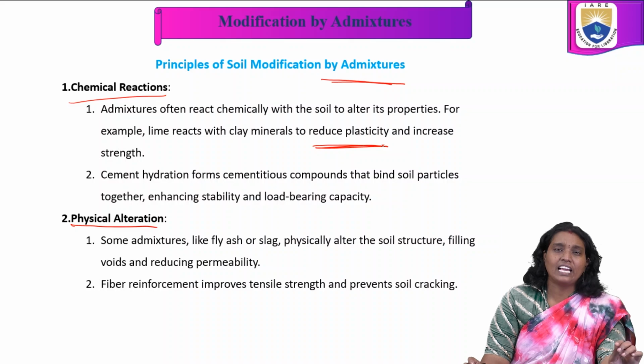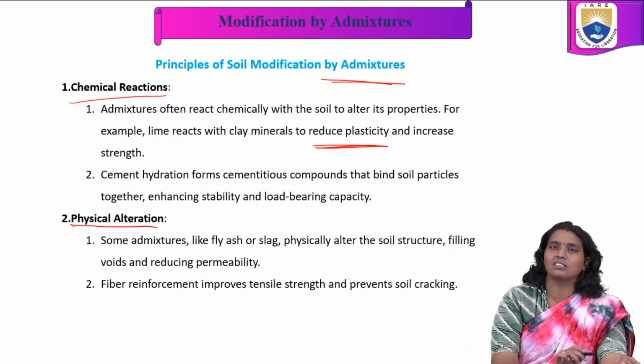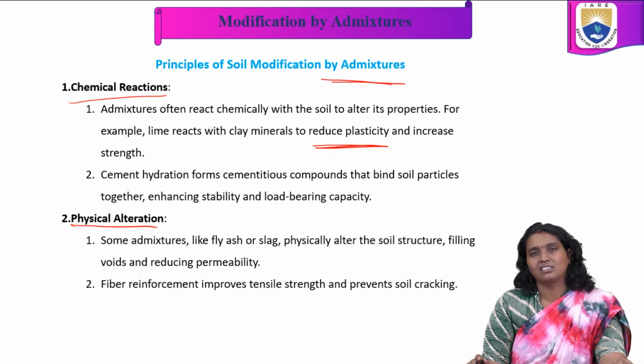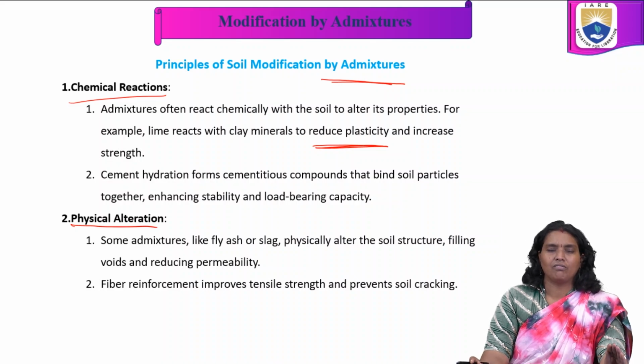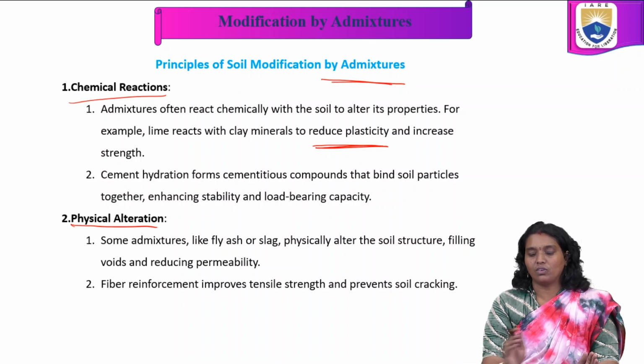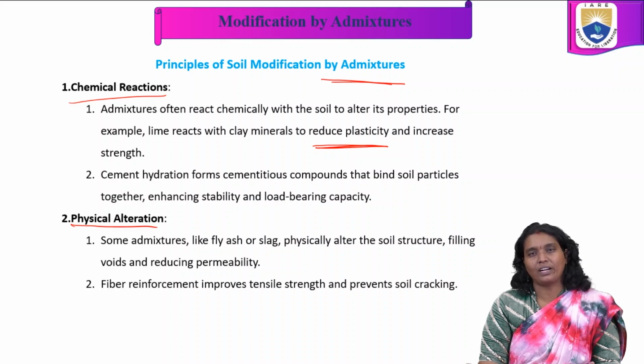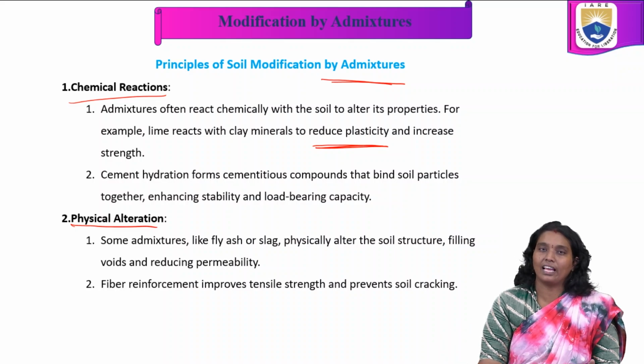So the nature of the plasticity we are reducing by adding some of the admixture gives an increase in strength parameter. For that, which type of chemical gives what kind of reaction for enhancing the soil property for the required construction element.